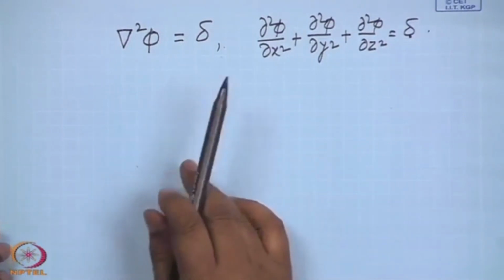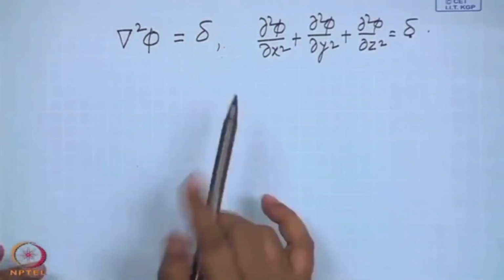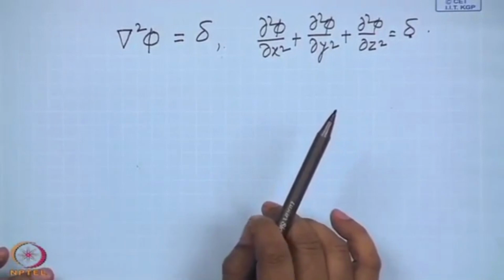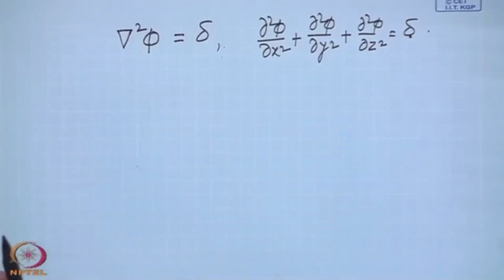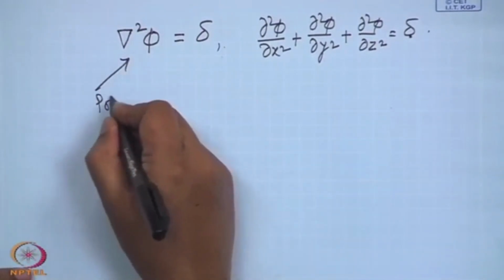This type of equation, when the Laplacian of a function is a non-zero function, is called a Poisson type of equation. So, this is a Poisson type of equation.